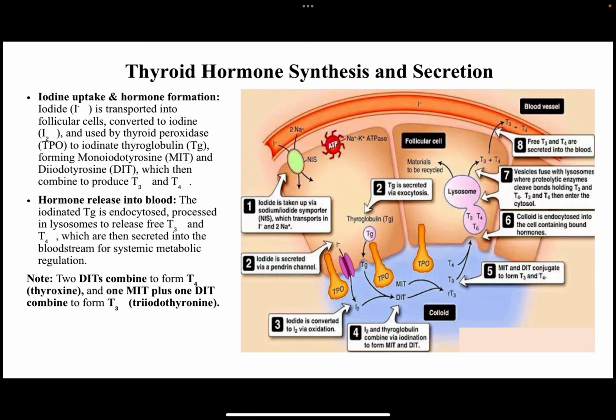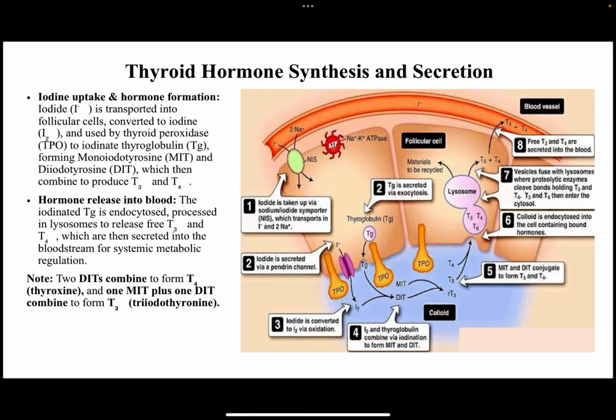Now, once we have iodine in the thyroid gland, already in the thyroid gland we have a large glycoprotein. We call it thyroglobulin. The thyroglobulin is like a protein that contains tyrosine residues. Is that okay?